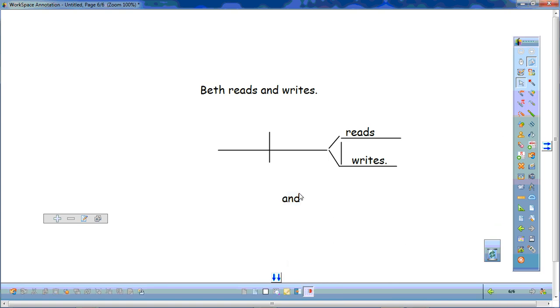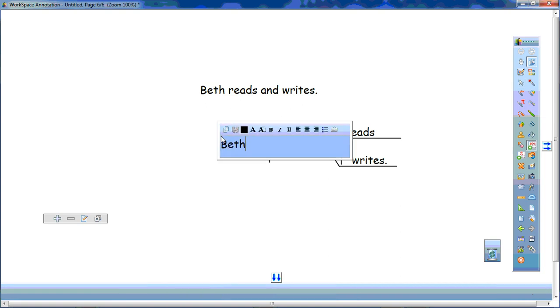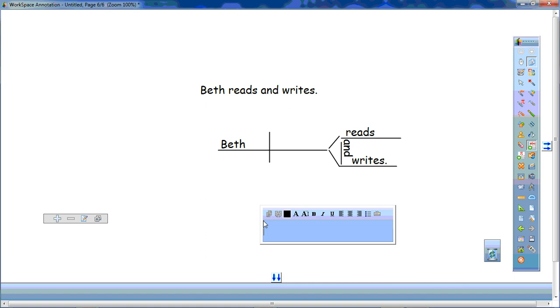And put that in, and then I'm almost done. And I know I ask who or what. So the first thing I do is find out what's happening, what's going on in the sentence, put it in, that's the predicate, and then I ask who or what is doing that, and it's Beth. And obviously it's the only word left, too. Remember to capitalize it because it's the first word in the sentence and it's her name. And that is how that one is done.